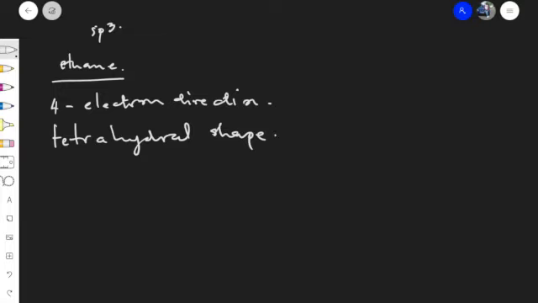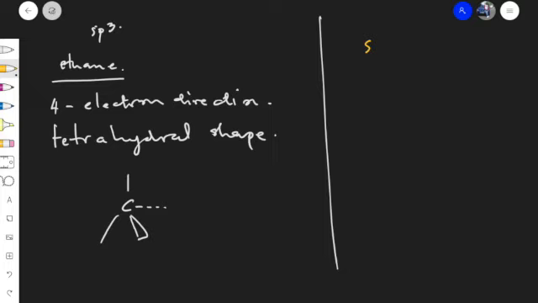And obviously we are going to have something that looks like this. So this is the shape that we are going to have.